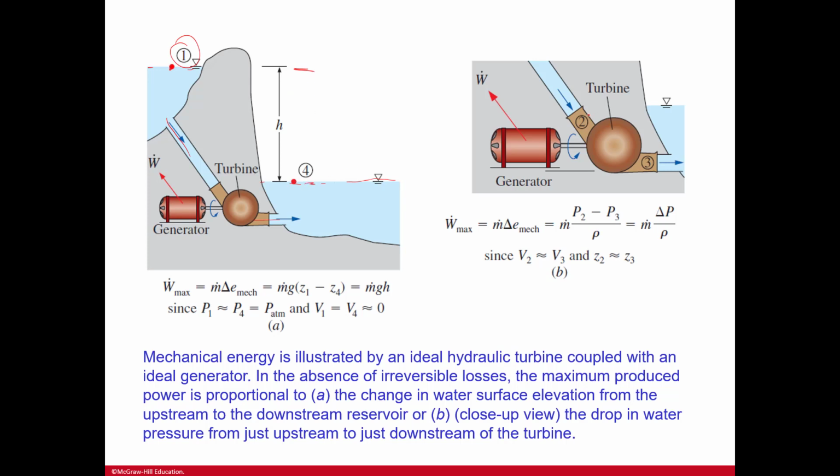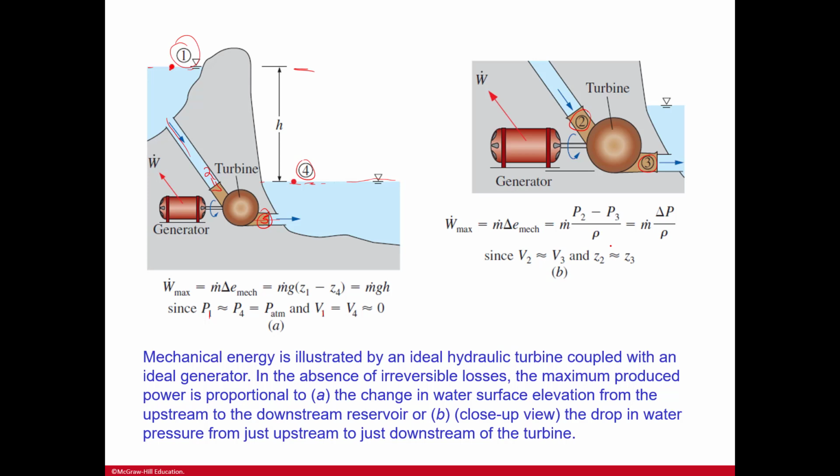Here you have 2, which is the inlet going into the turbine, and then 3, which is the exit out of the turbine, and then 4. So you see you have pressures at 1 through to pressure 4, velocities at 1, 2, 3, 4, things like that, for each point at which you're changing.